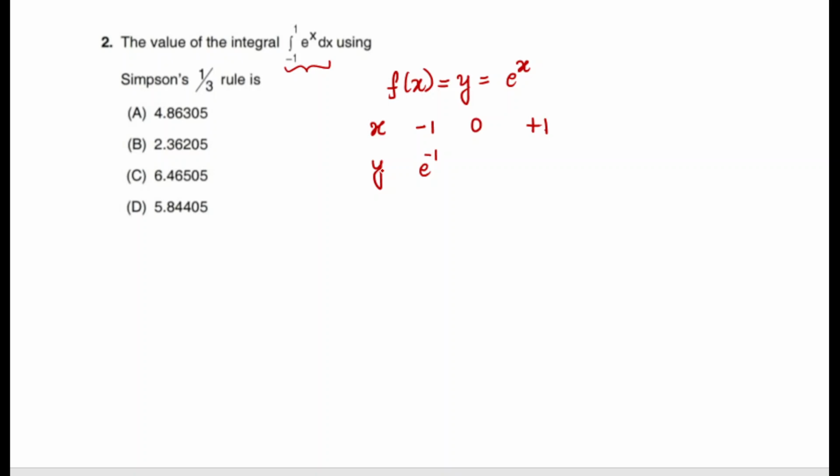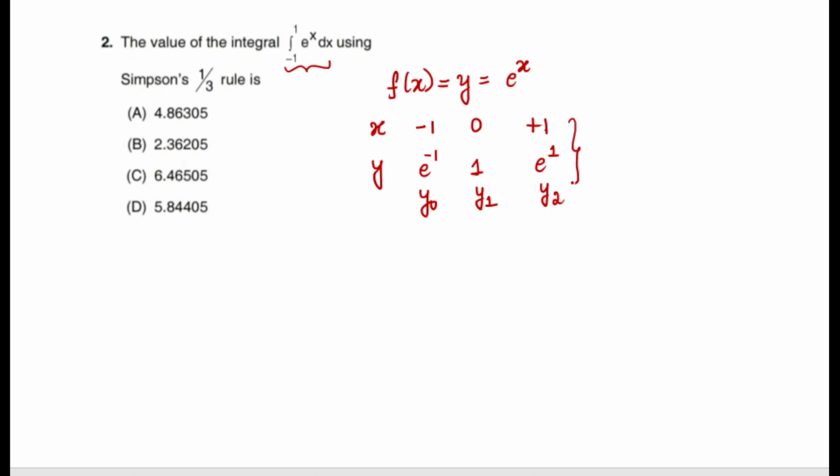If x takes the value 0, what is the y value? It will be e to the power of 0, which is 1. If x takes the value +1, the y value is e to the power of 1. I hope this table is understood. Now I am taking this to be y0, this value y1 and this value y2.